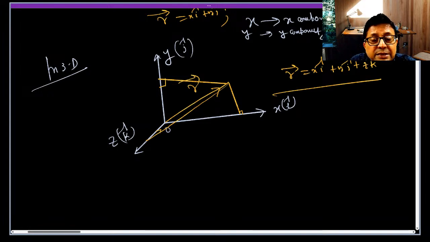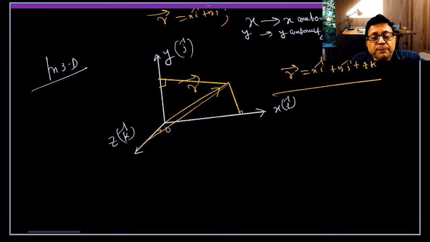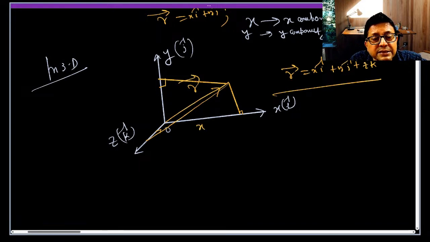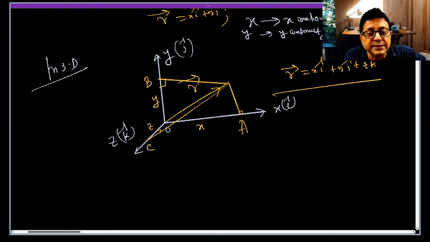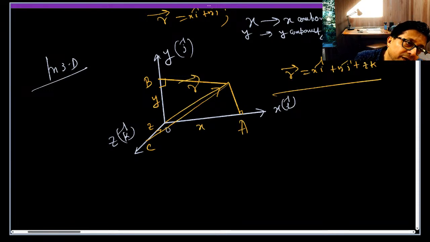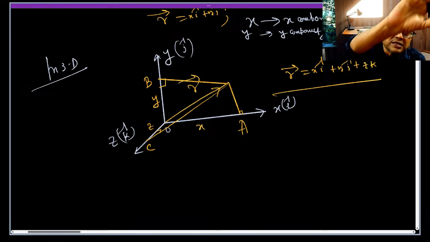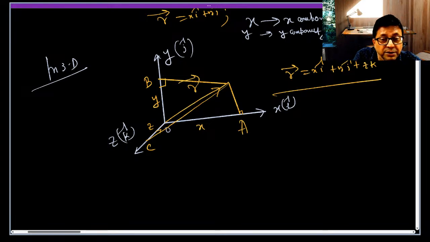This angle is 90 degrees. This part will be referred to as x, this part y, and this part z. A, B, C. Clear? Whenever you draw a perpendicular, its distance from the origin is x. This is a class 11 concept. So how to represent the vector then? By knowing this. This you have to make clear.